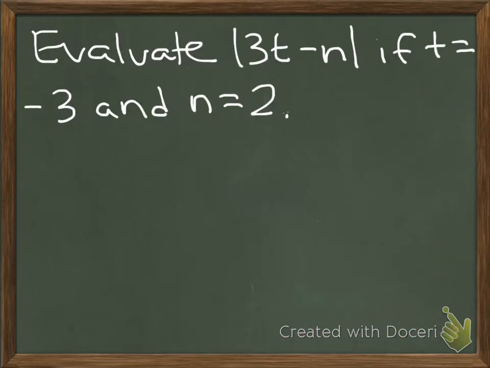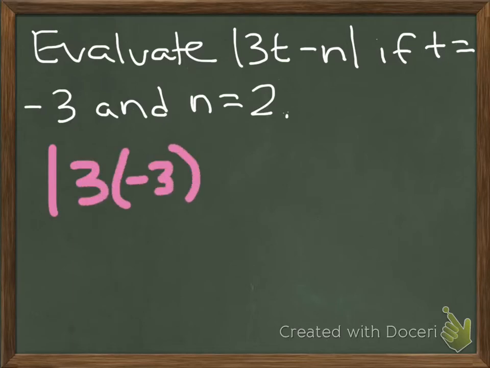Next, we're going to evaluate the absolute value expression. So we're going to plug everything in first. T is -3 minus n, which is 2. And now we need to solve.